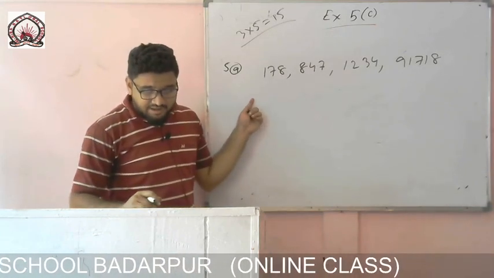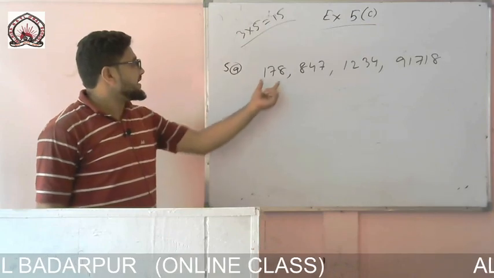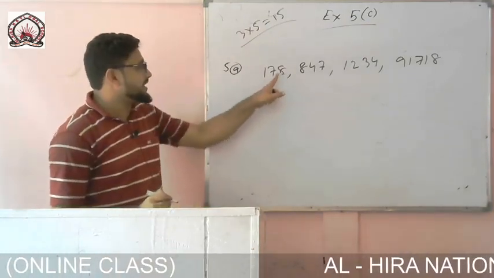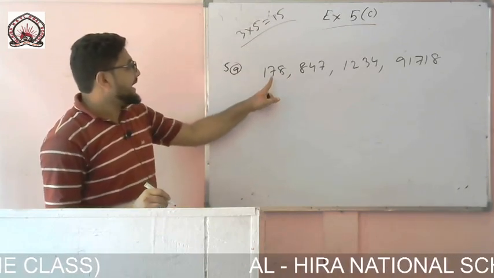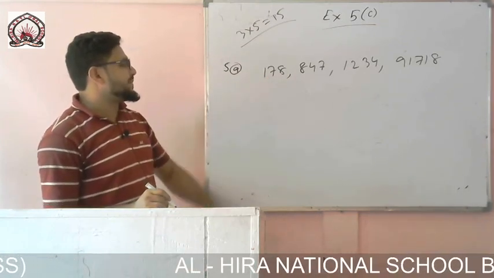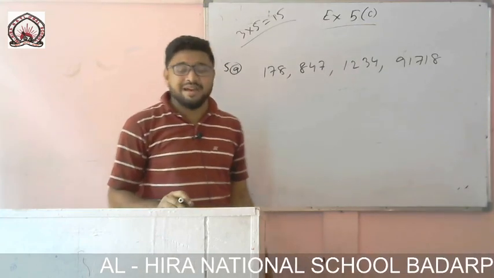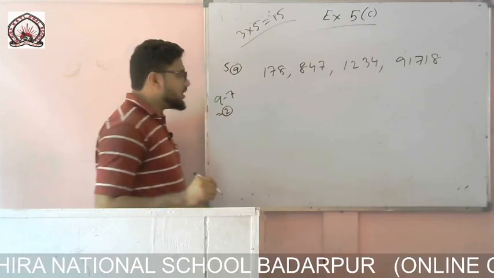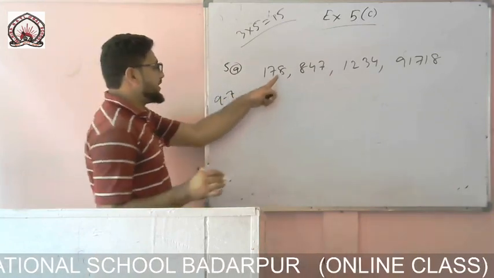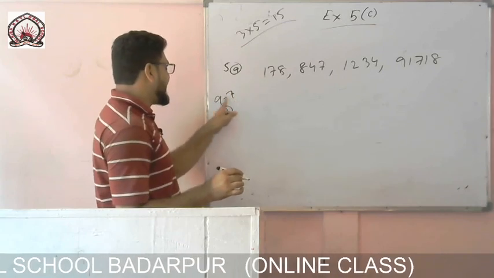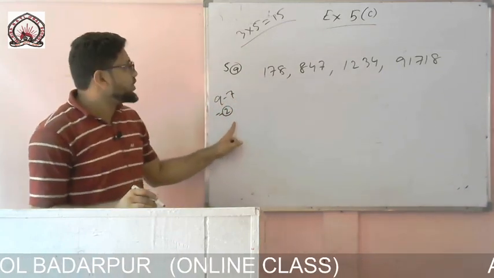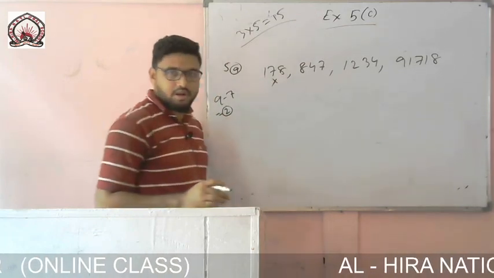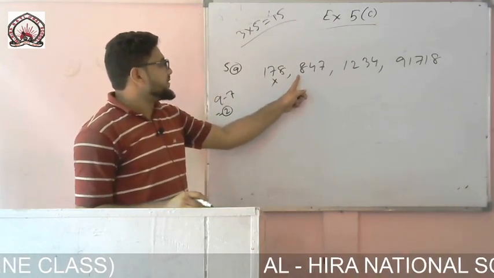We have to check by 11. For 178, the odd places are 8 plus 1, which is 9, and the even place is 7. So 9 minus 7 is 2. 2 is not divisible by 11, so this number is not divisible by 11. Understood?